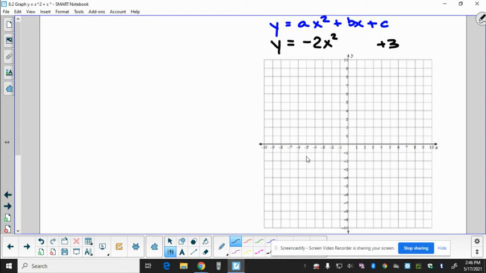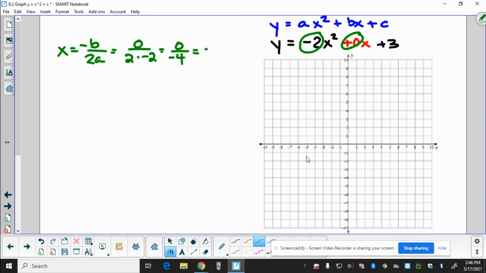Which means that b has got to be a 0 to make this conform to that equation. All right, let's get our line of symmetry. Once again, b is still 0 for these at this point. Let's see what a is. It's negative 2. It's still 0. So the line of symmetry for this parabola is still there at 0.